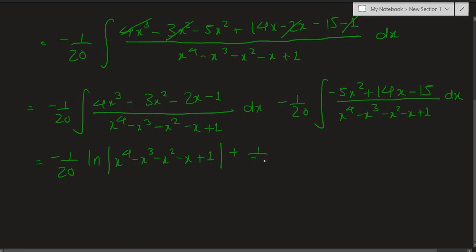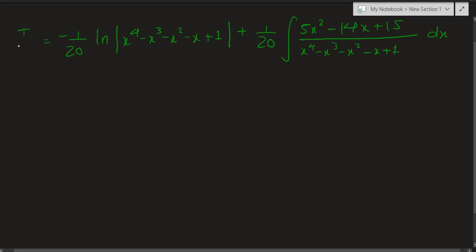We have plus 1 over 20 now times integral of 5x squared minus 14x, sorry, plus 15 divided by x to the 4 minus x cubed minus x squared minus x plus 1 dx. So our integral has significantly reduced in its complexity, as we just integrated the first part.